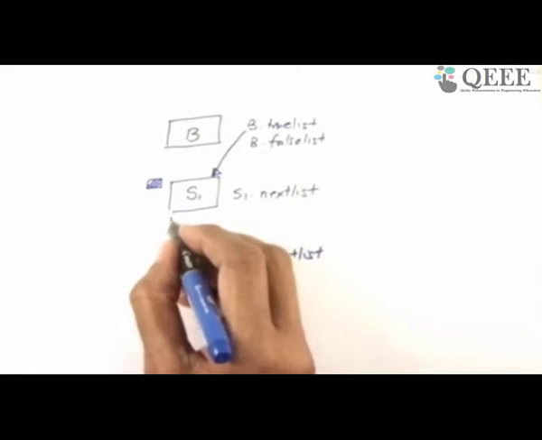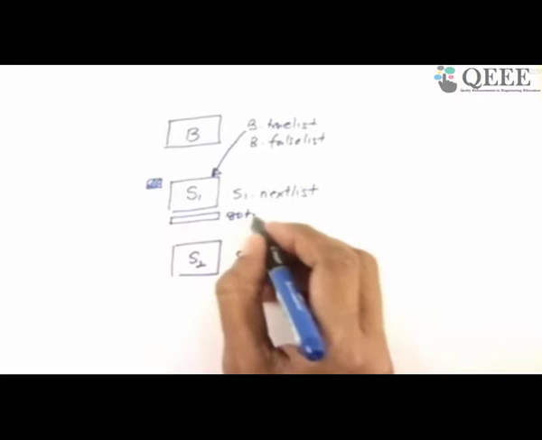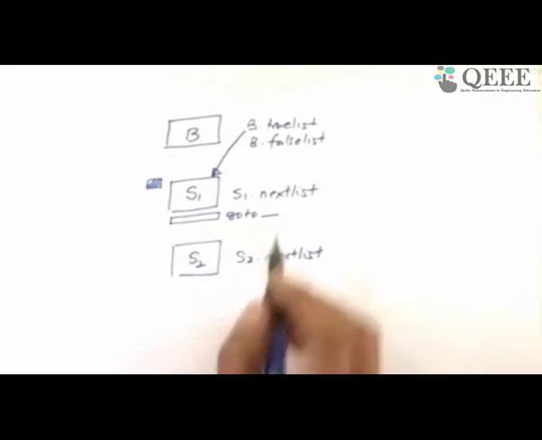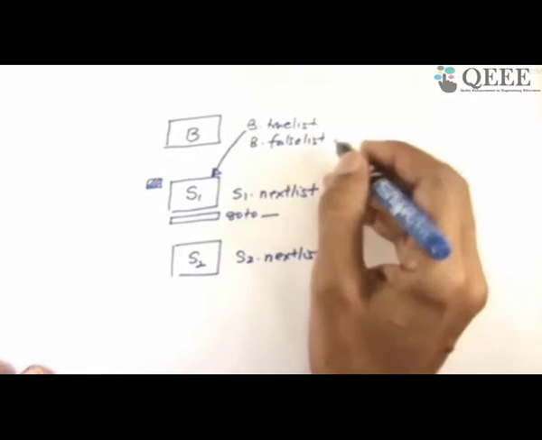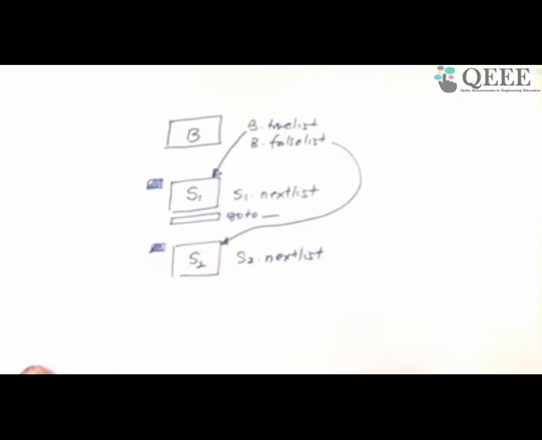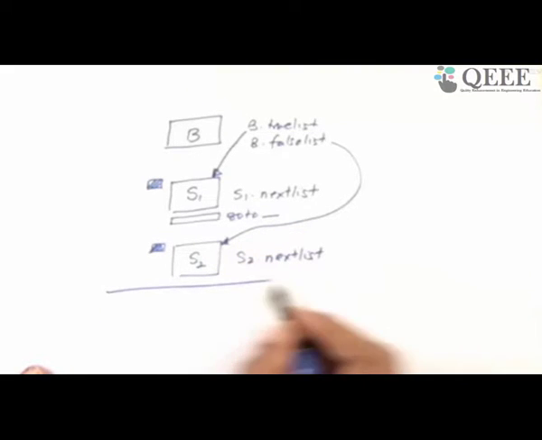So I am forced to issue a go-to statement here which skips S2 and goes beyond S2. This will be an incomplete statement again. B.falseList should go and connect with S2. If the expression is false, I do the else part. But then I also need the first statement of S2. And what does this go to? This goes to the statement outside, the next statement after this.